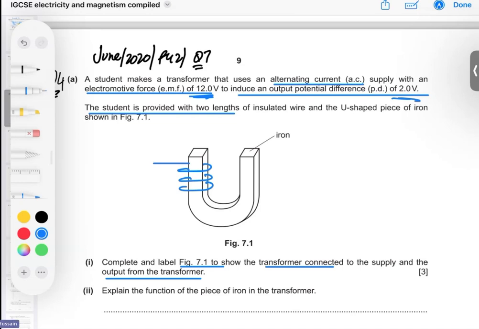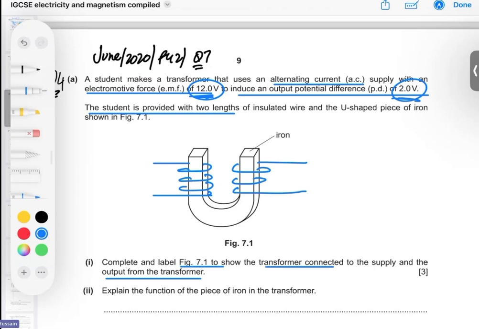There's a little mistake in this diagram: the number of turns in the output coil should be lesser. Why? Because the output is 2 volts and the input is 12, isn't it? Yes, sir.